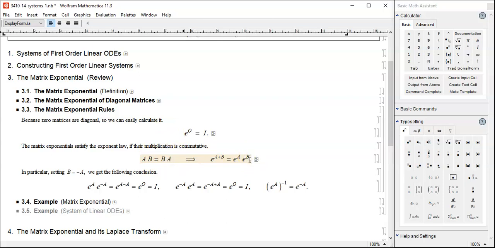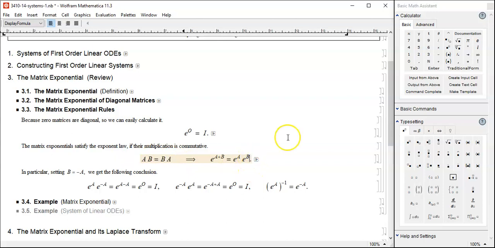So for real number exponent rules, you didn't really have to worry about any conditions. But for matrices, yes you do. When a pair of matrices A and B commute, then yes, you can use the matrix version of the exponent rule. If they do not commute, then no.